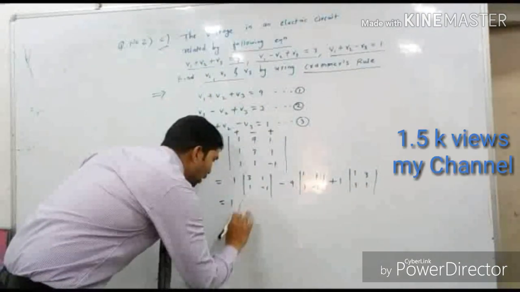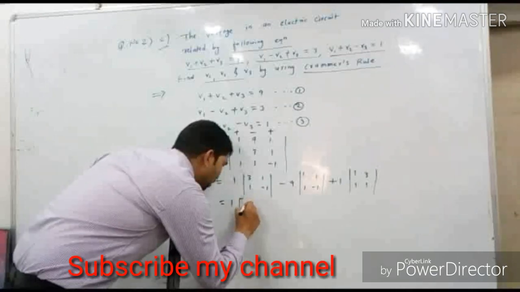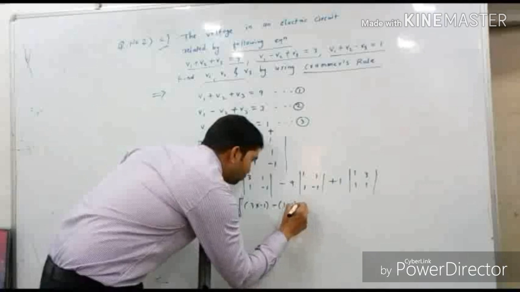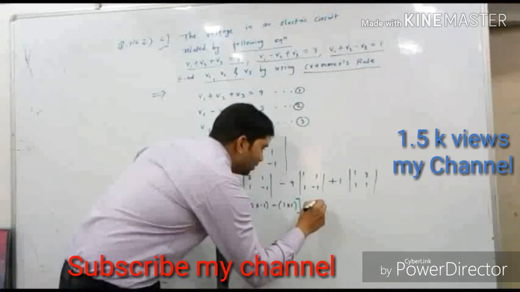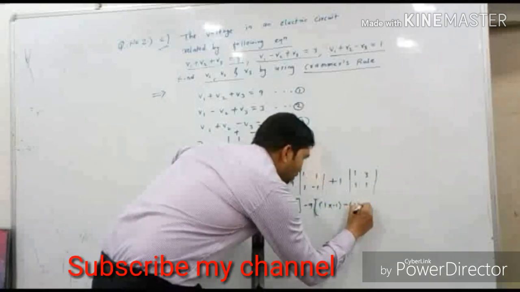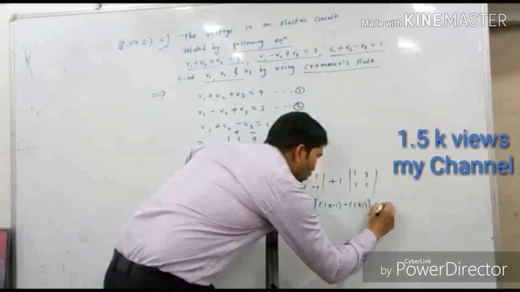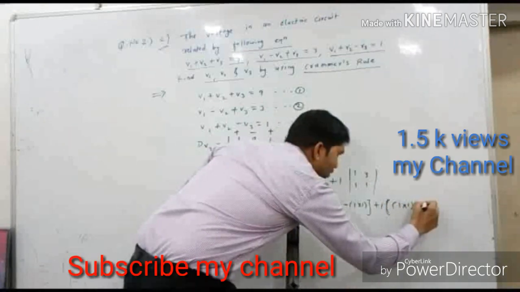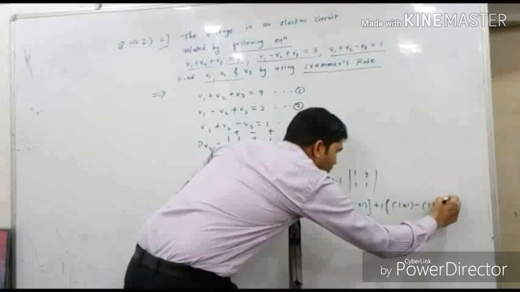Now 1 as it is, again cross multiplication, 3 into minus 1, minus 1 into 1, minus 9, then 1 into minus 1, minus 1 into 1, plus 1, 1 into 1, minus 1 into 3.